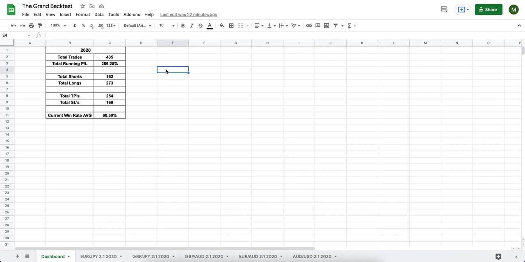But because we are backtesting, to avoid calculations and stuff, we just assume that we took the trades with the same amount of money every single time, and we took all of the opportunities as well. So guys, as you can see, the results are pretty nice.